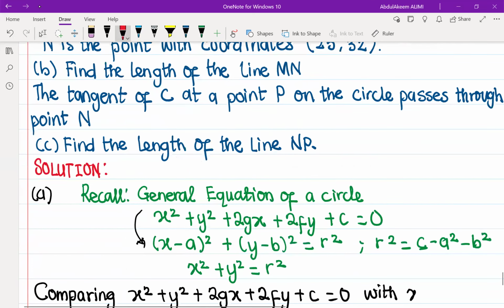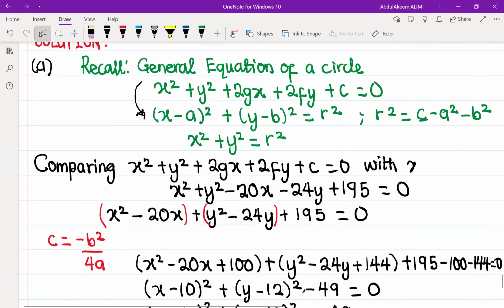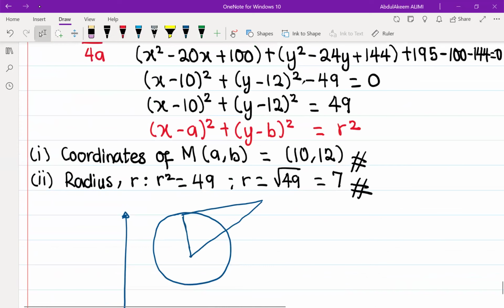They said N is the point with coordinate 25, 32. So for N here, I have 25, 32.